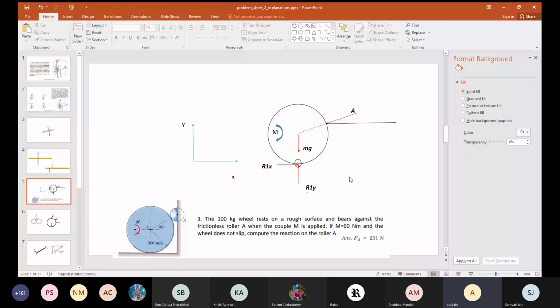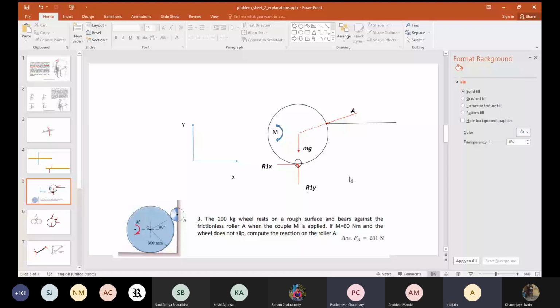So the moment that is given is about which point? It's a couple. It's not a moment. Couples are not about any points. They are not location specific. Okay. Sir, if we consider the moments about the center?